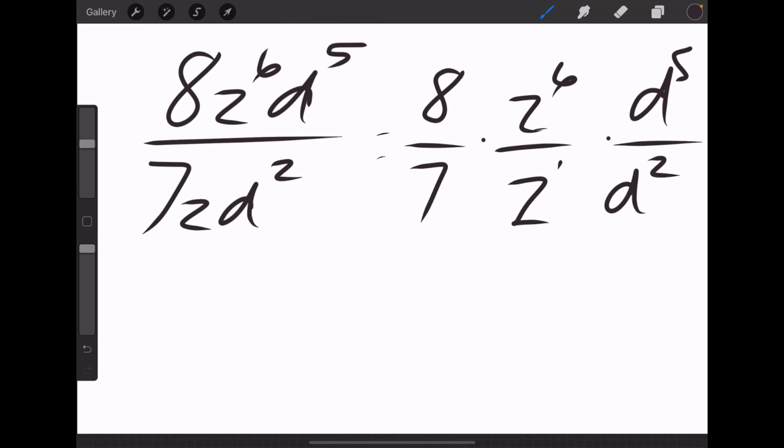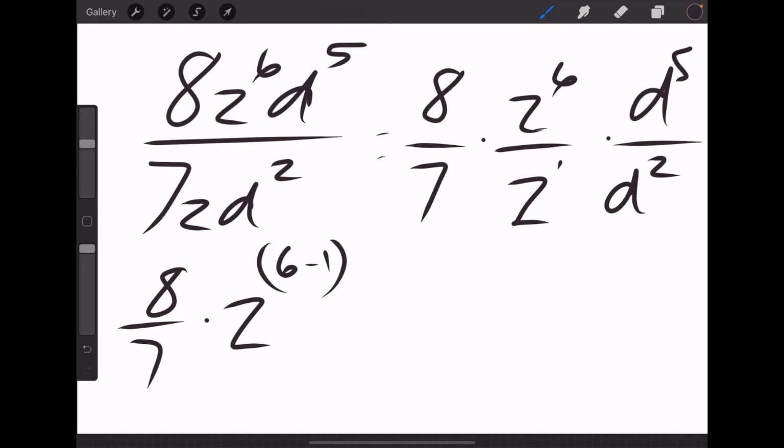Now I can apply my quotient of powers property to the exponents. Still have 8/7 over here. It's going to be multiplied by a z with 6 minus 1 as the exponent times d with 5 minus 2 as the exponent.